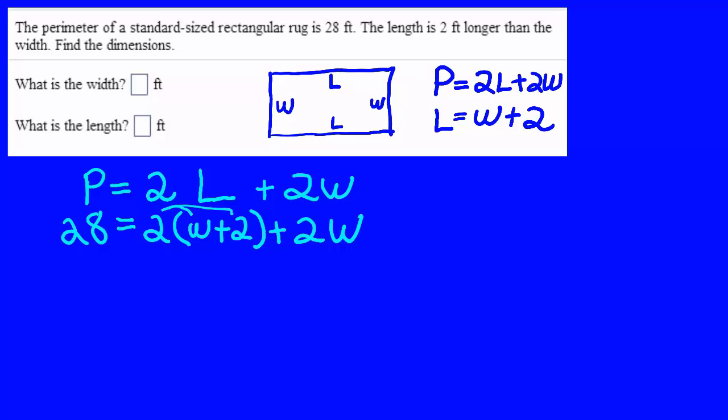Now I'm going to distribute because I have a number on the outside of the parentheses. 28 will equal 2W plus 2 times 2, which is 4. Plus the 2W at the end, which was not in the parentheses.